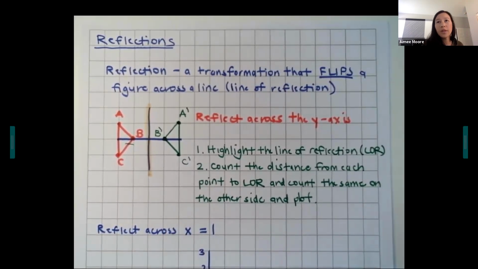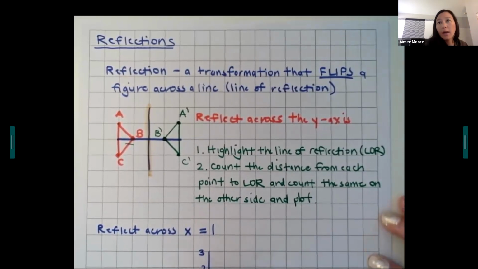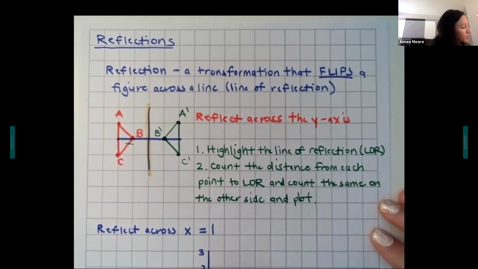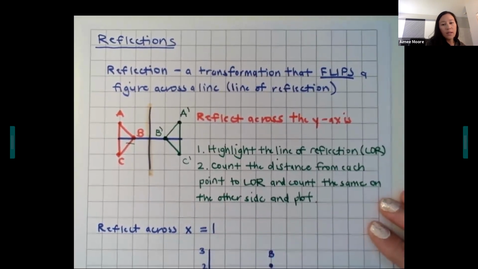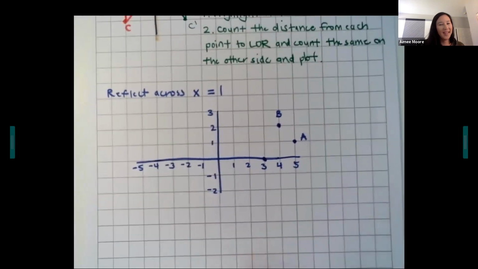And the image that they're giving us is A at (5, 1). B is at (4, 2). And C at (3, 0). Daisy Carpenter, how you doing today?